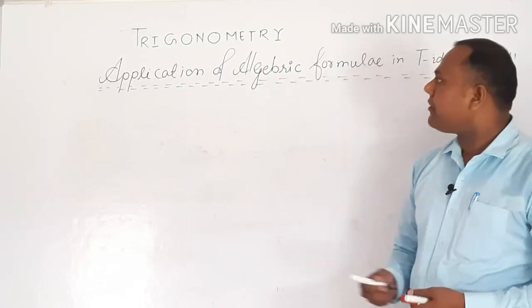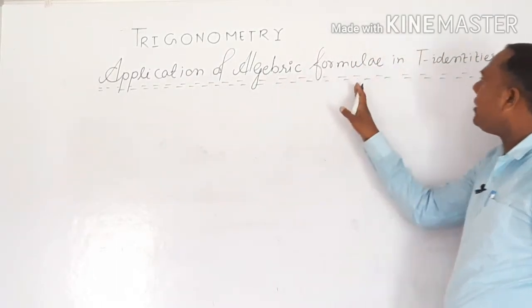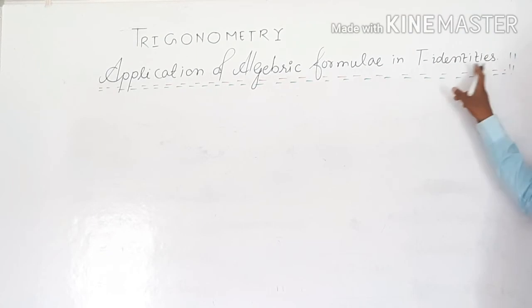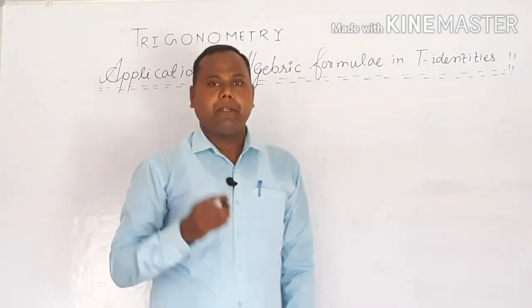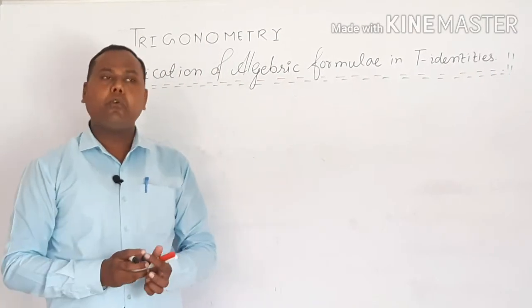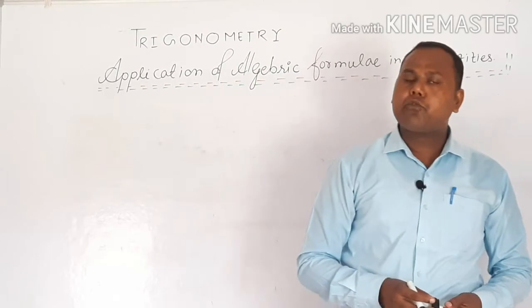Now let us discuss the application of algebraic formulae in trigonometrical identities. Sometimes we remember the formula a plus b the whole square will be equal to a square plus b square plus twice of ab.